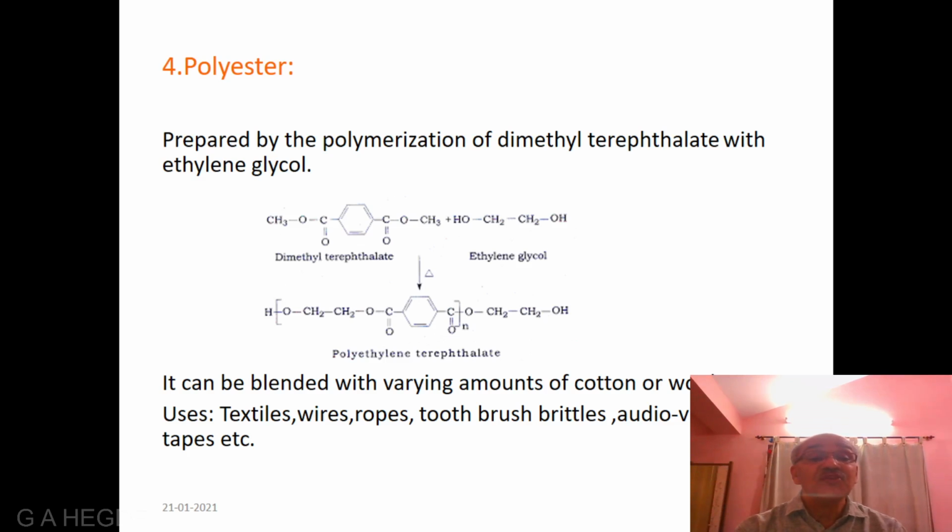The next one is polyester. It is prepared by the polymerization of dimethyl terephthalate with ethylene glycol. When N number of dimethyl terephthalate reacts with N number of ethylene glycol, it forms the polyester, a polymer.